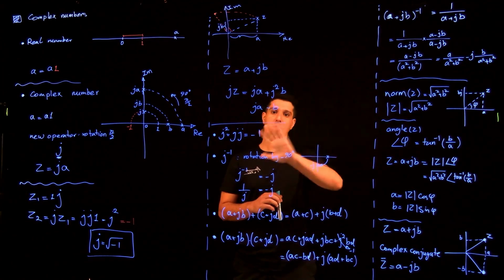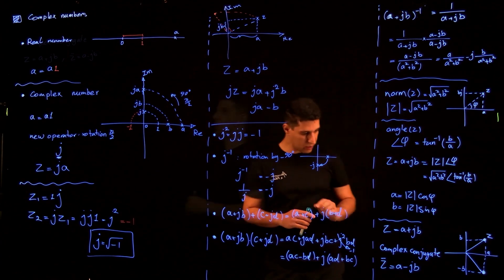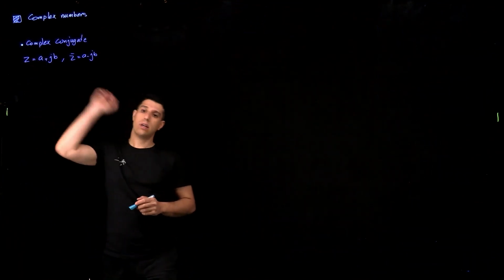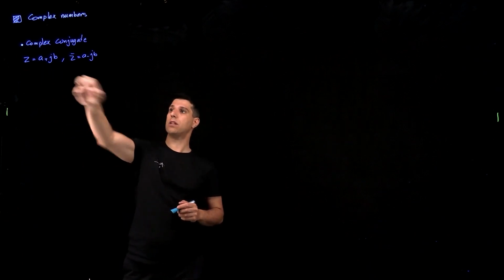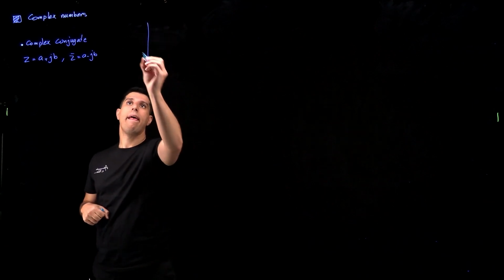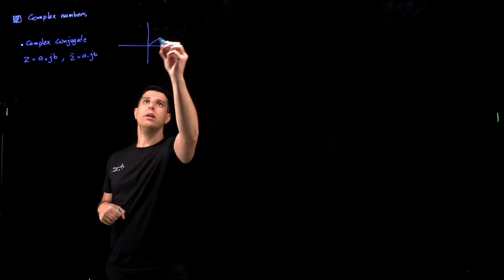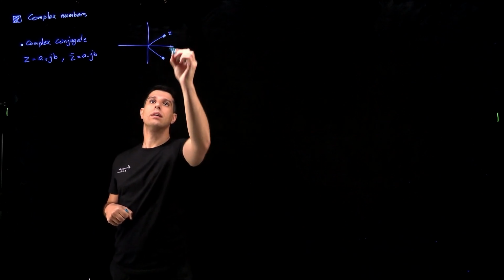Let me clean up the board and we can continue. So we were here: the complex conjugate number, if we have z, a plus jb, z bar is a minus jb. So this is z, this is z bar.